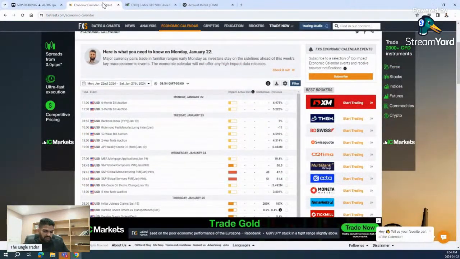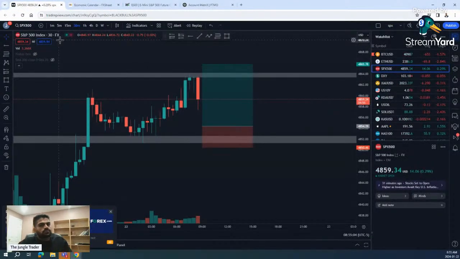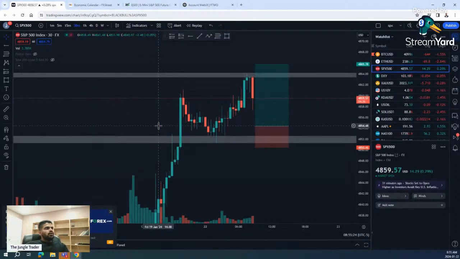See if we can push back a little bit more. It's a very tight range, so it doesn't make sense to actually rush trades.